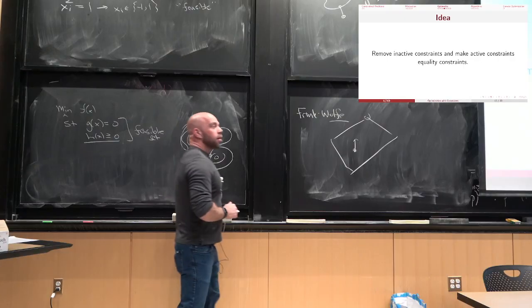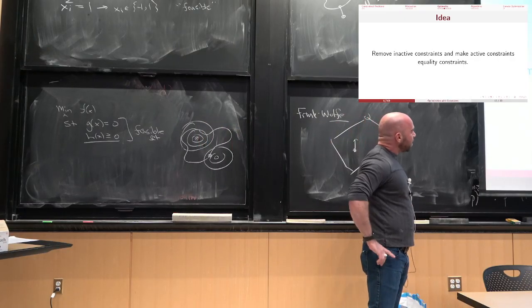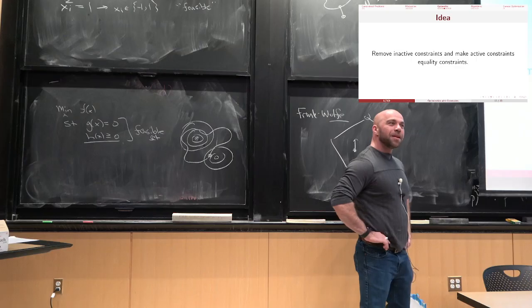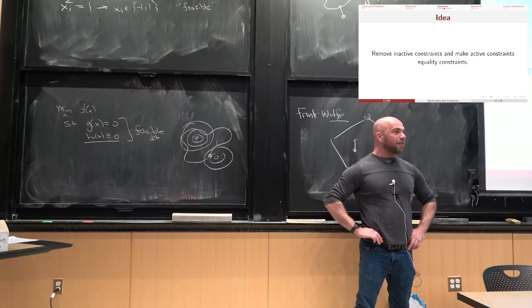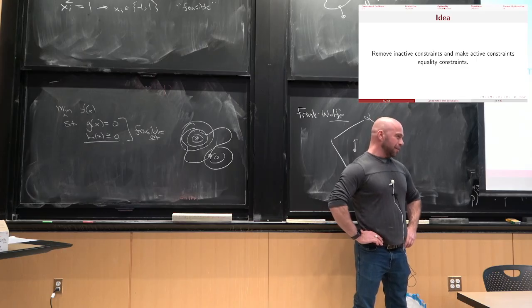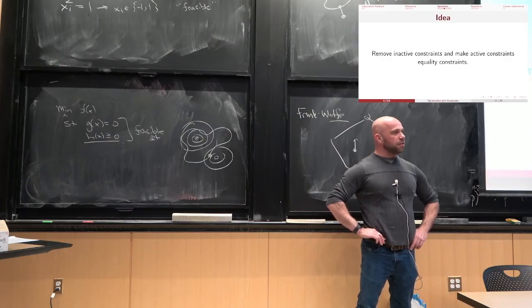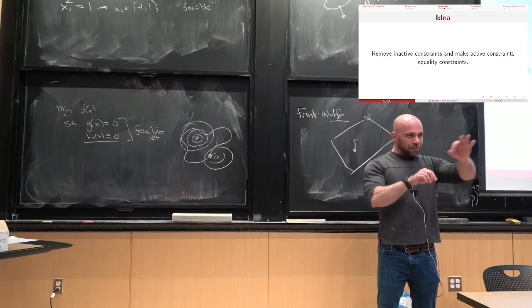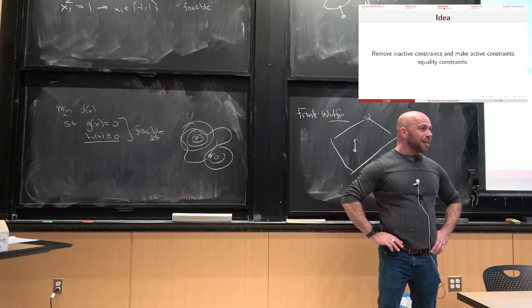If we remove all the inactive constraints and make the active constraints equality constraints, then we can use Lagrange multipliers again. That makes sense? If there was some oracle that said you didn't really need to enforce that you're not going to use too many eggs in your birthday cake, then you could just drop that constraint. If you could do that for each of the constraints ahead of time, you didn't really need inequality constraints. You could have just had equality constraints, right?